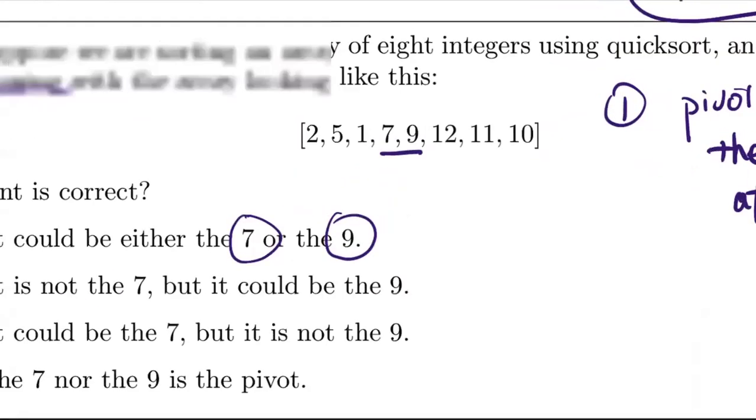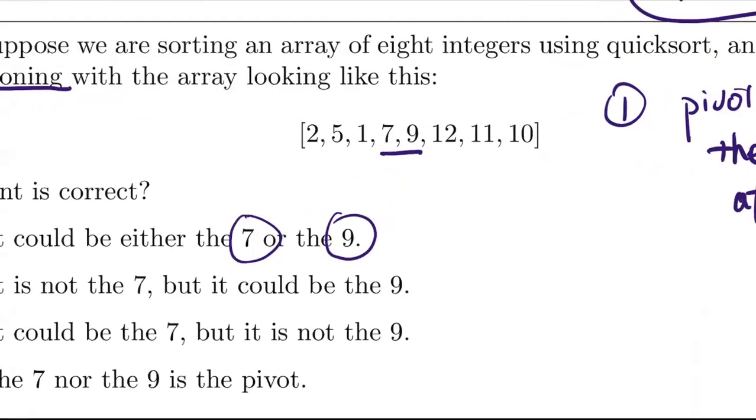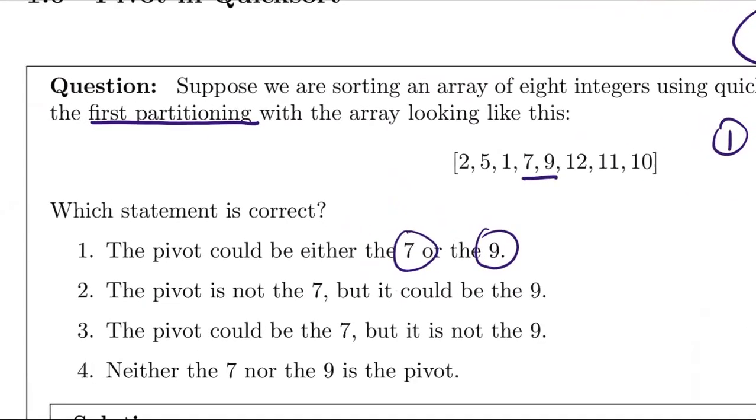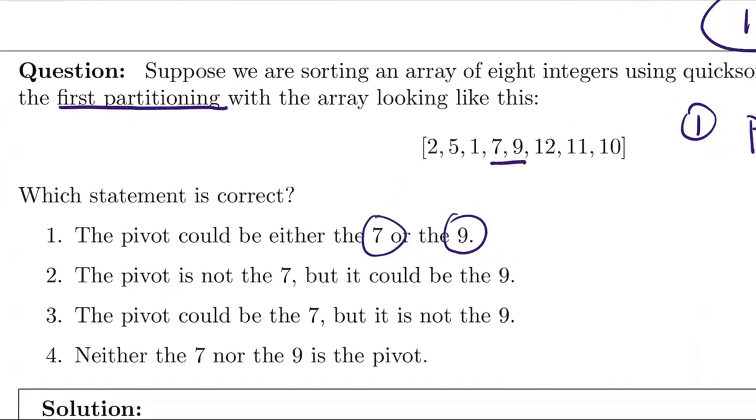So in this array, you need to check whether 2 is in its sorted position, whether 5 is in its sorted position, and in this case only 7 and 9 are in their sorted positions. So the answer is A. The pivot could be either 7 or 9. Any questions?